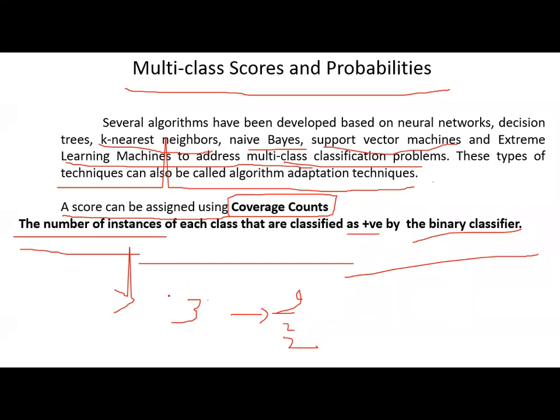So a multi-class problem is converted into n binary classifiers. For each class, the number of instances classified as positive is called the coverage count.